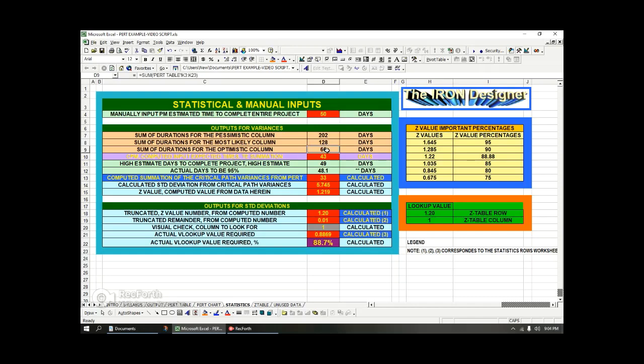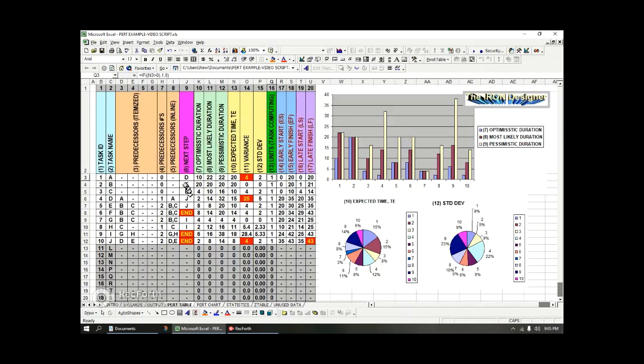If you put it at exactly 66, you're at 100% done, because that means you're no longer working in parallel the way the PERT table was telling you, with predecessors and all that.